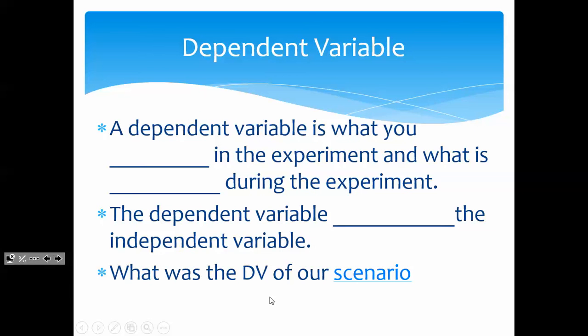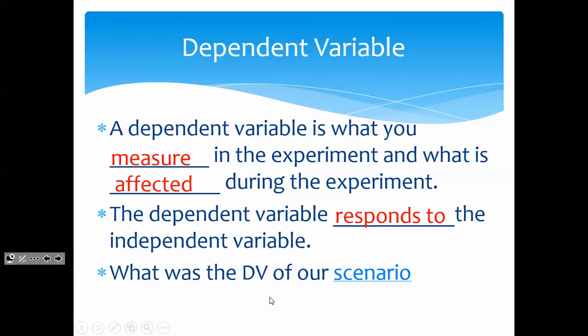Then we talk about the dependent variable, and a dependent variable is what you measure in the experiment. So it's actually what's affected during the experiment. The dependent variable responds to the independent variable, thus the terminology. It's dependent upon the IV. So the DV, the dependent variable, is what you're measuring.